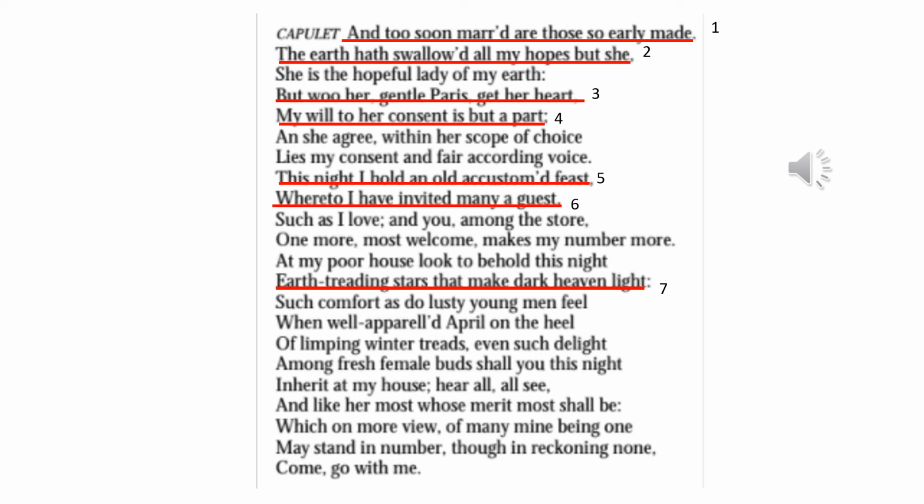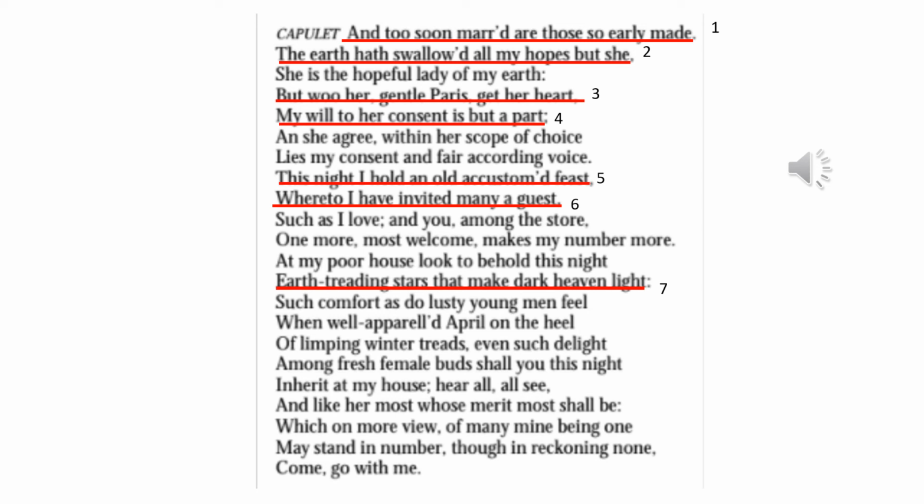Line 5 and 6. This night I hold an old accustomed feast, whereto I have invited many a guest. These two lines signal a really important structural event within the play. Capulet is holding a big bash this evening at his house, and he has invited a whole load of people.